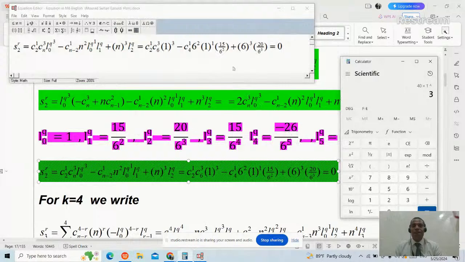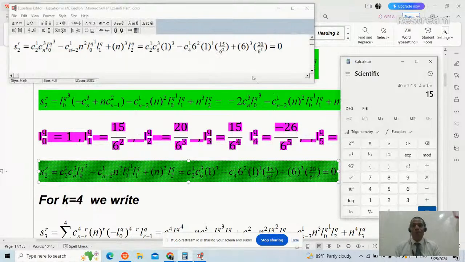And then negative 4 times 6 squared, multiplied by 1, multiplied by 50, divided by 6 squared. You see 6 squared and 6 squared, you can cancel them out. Just write 4 times 15, with the negative sign, minus 4 times 1 times 15.